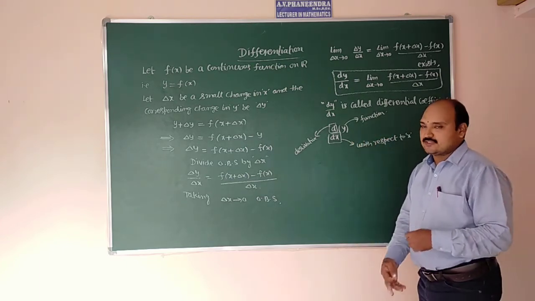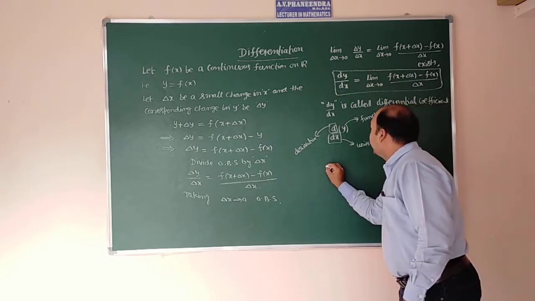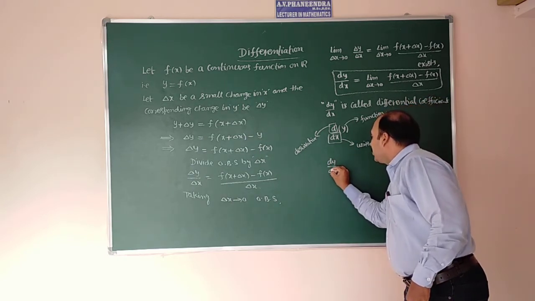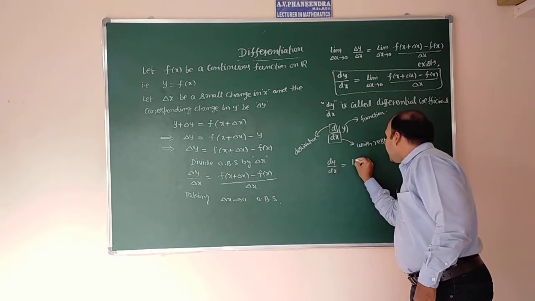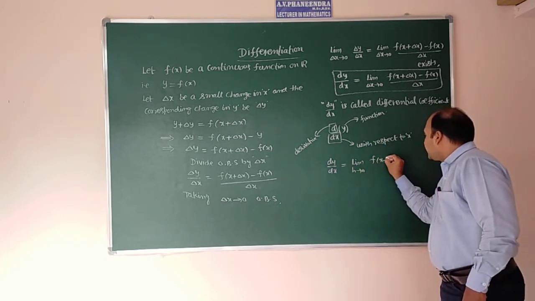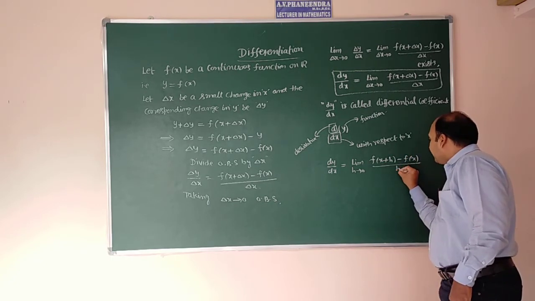In other words, this differential coefficient can be written as dy by dx is equal to limit h tends to 0, f of x plus h minus f of x divided by h.